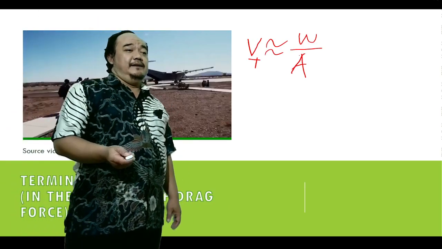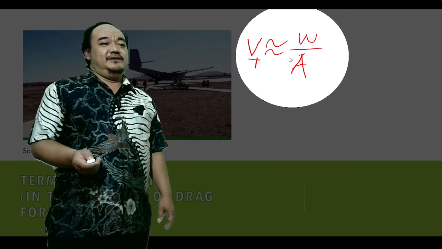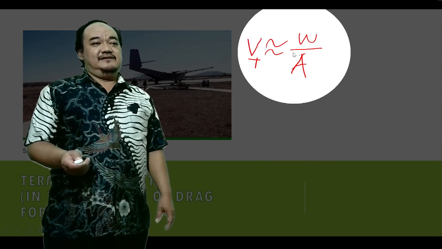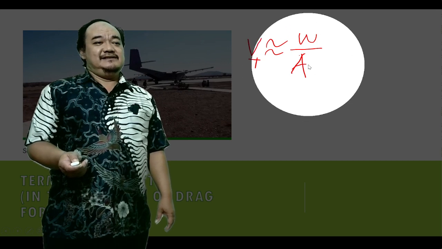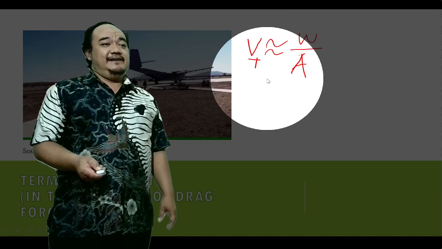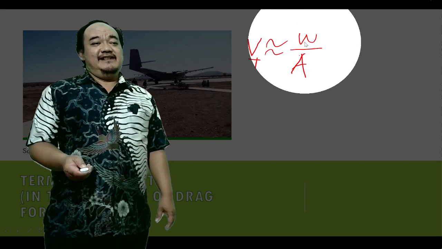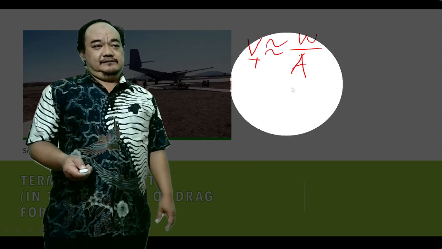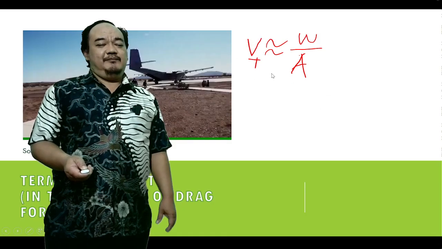So I think the easiest way to make the skydiver safe when hitting the ground is to make the A higher, because the terminal velocity can be reduced by increasing the cross-sectional area of the object. It means the skydiver can utilize the parachute.